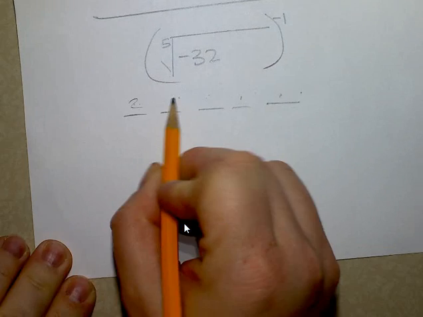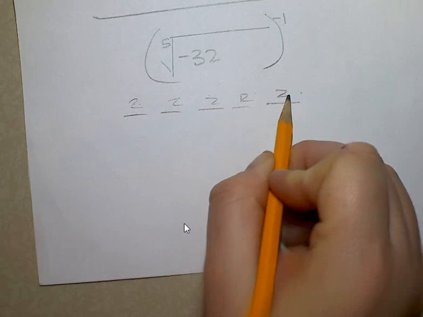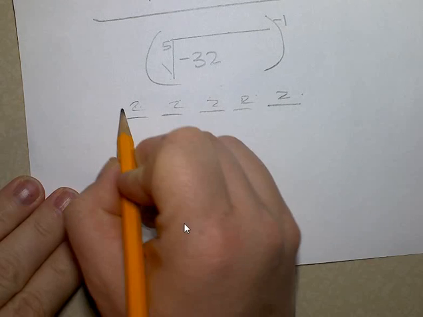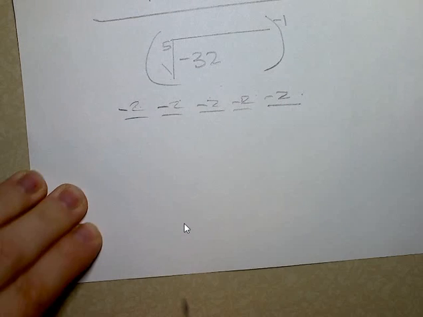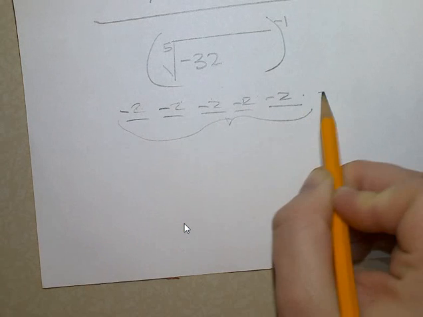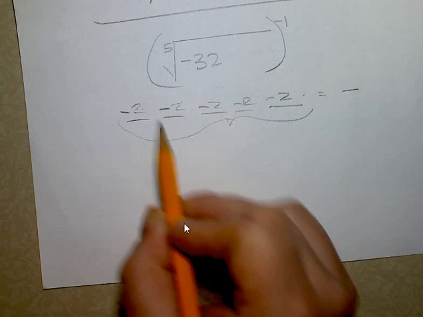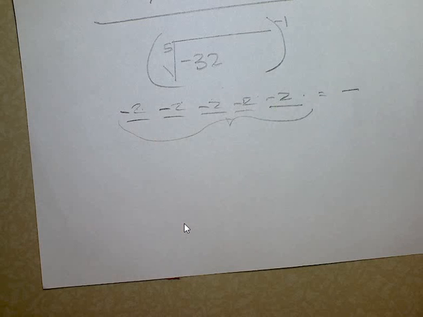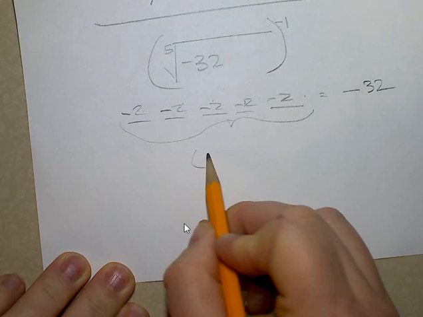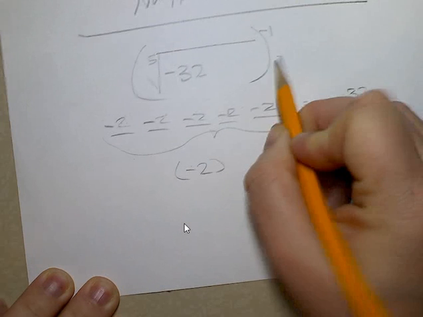But if I put down 5 2's, what answer are you going to get? Positive. Now if I make them negative, an odd number of negatives gives you a negative answer, just like an even number of negatives gives you a positive. This gives you negative 32. So negative 2 is the answer.